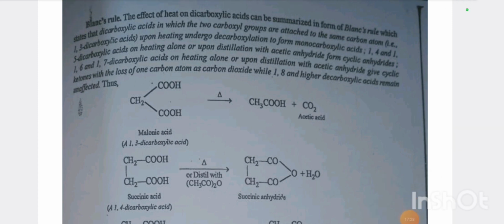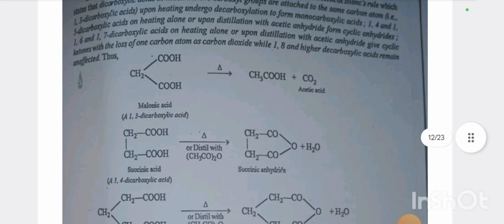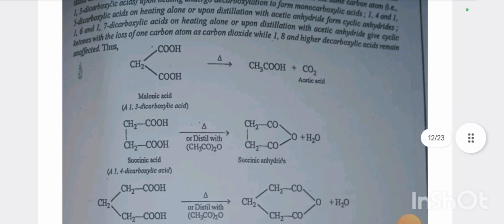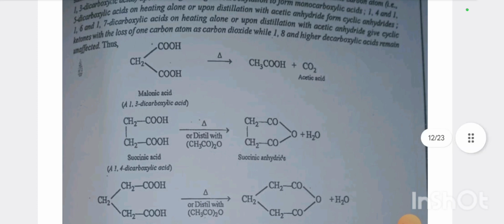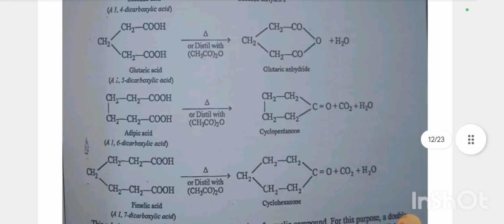Blanc's rule. The effect of heat on dicarboxylic acids can be summarized in the form of Blanc's rule, which states that dicarboxylic acids in which the two carboxyl groups are attached to the same carbon atom undergo decarboxylation upon heating to form monocarboxylic acids, and upon distillation with acetic anhydride 1,4 and 1,5 dicarboxylic acids give cyclic ketones, while 1,6 and higher dicarboxylic acids remain unaffected.